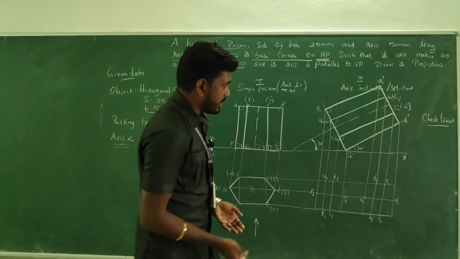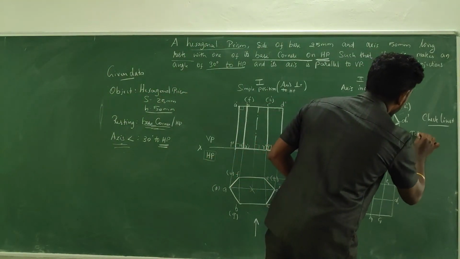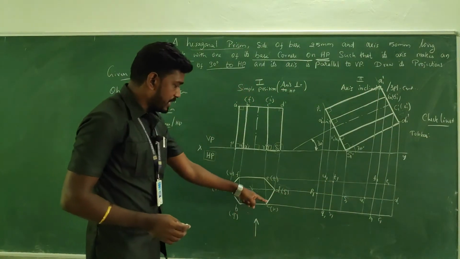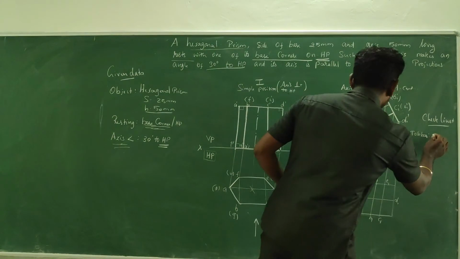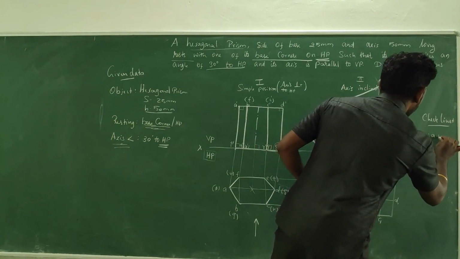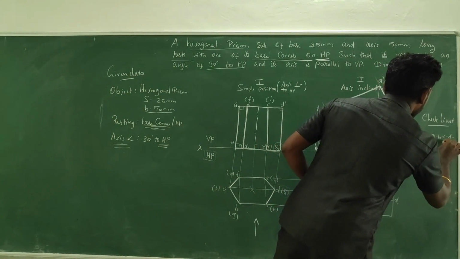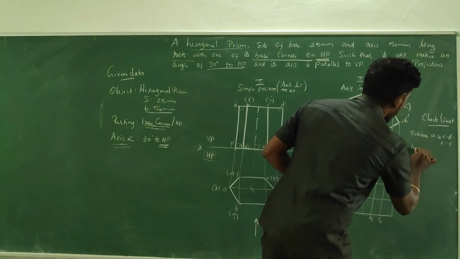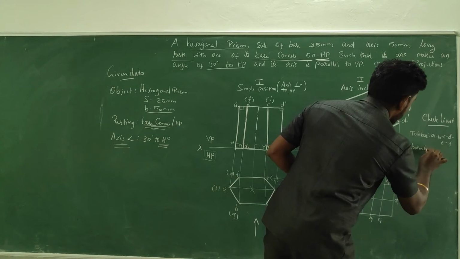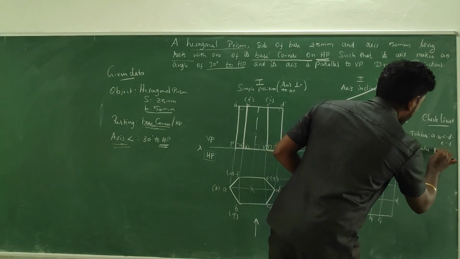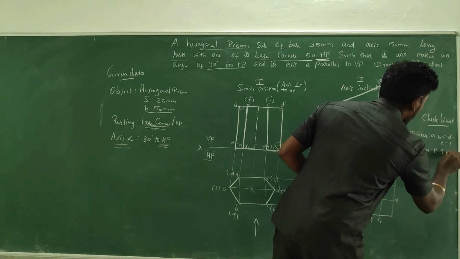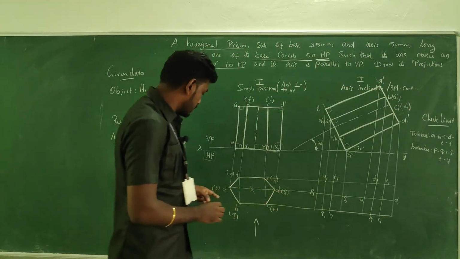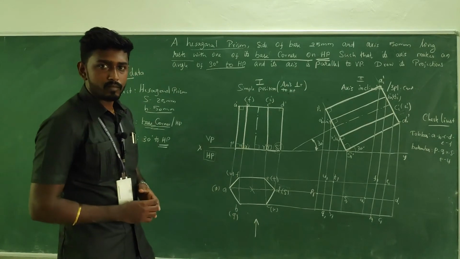The top base we have notated as A, B, C, D, E and F. And the bottom base we have given as P, Q, R, S, T and U. These are the connections we have given.